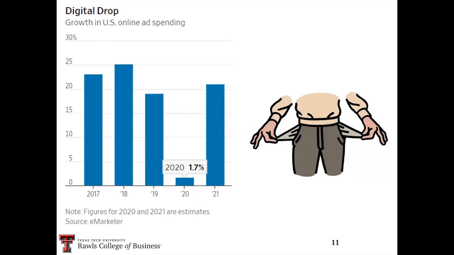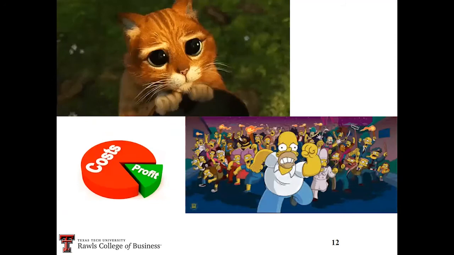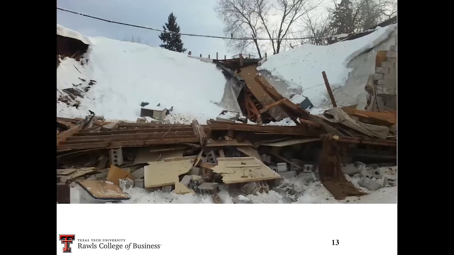It only grew to 1.7% here, whereas in other years it had been growing at a 20 to 25% growth rate. And that's because people didn't have the money to afford digital ads. So despite all of these consumers who really wanted all this strong content from these news providers, and they were basically begging these news providers for more content, they couldn't do it because it was costing them too much money.